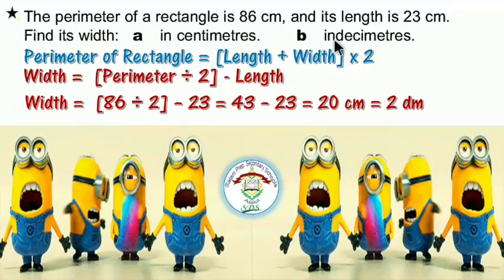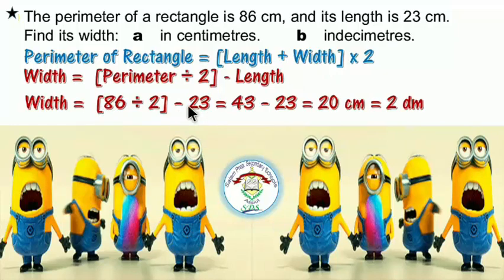So the required is its width. Width equals perimeter of rectangle divided by 2 and then minus length. Width equals the perimeter, 86, divided by 2, all minus length, 23.